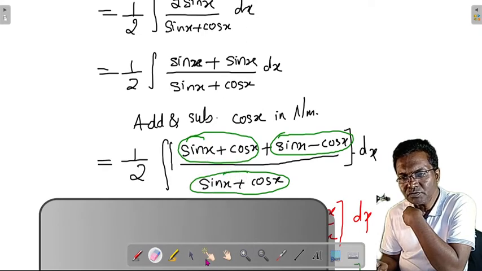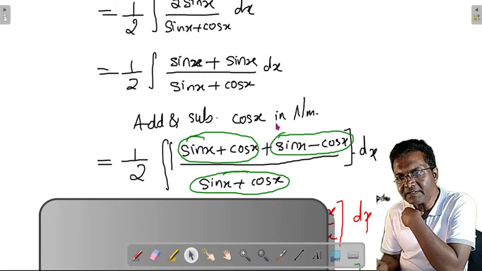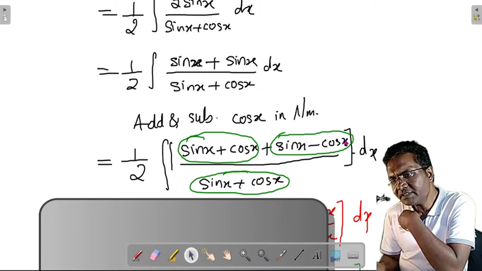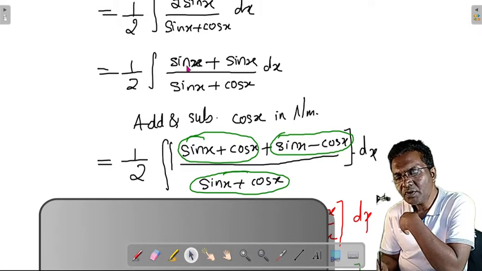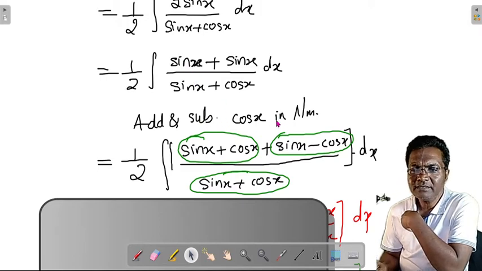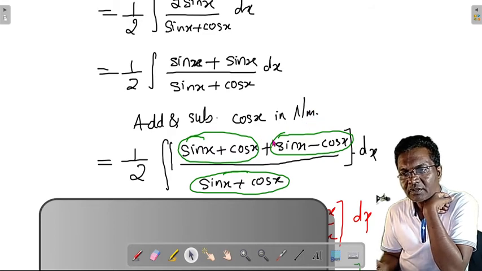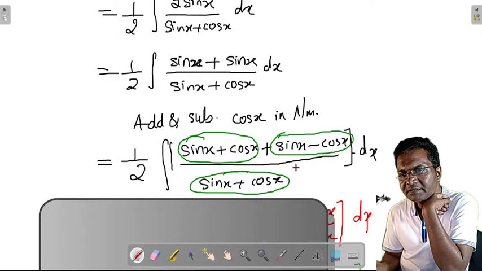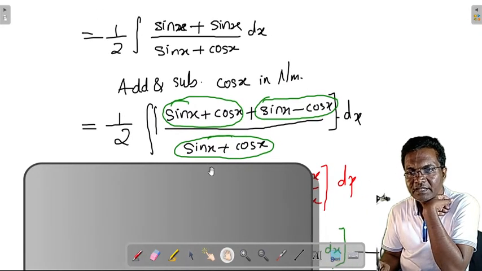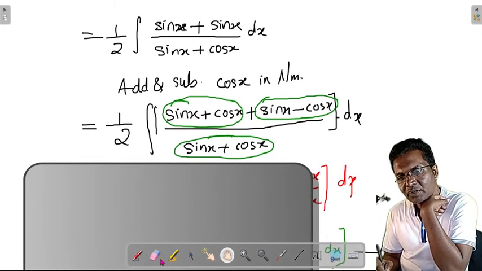Sin x plus cos x is added, plus this sin x as it is, and cos x is subtracted. So we will get sin x plus cos x plus sin x minus cos x, in the denominator sin x plus cos x.